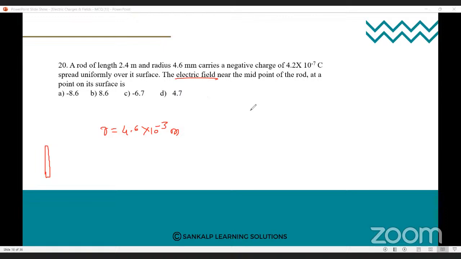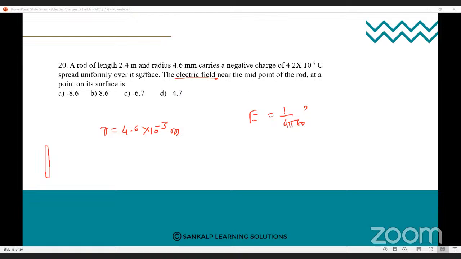You can use that formula to calculate the electric field. So the electric field is equal to 1 upon 4 pi epsilon naught, then it is lambda upon r.